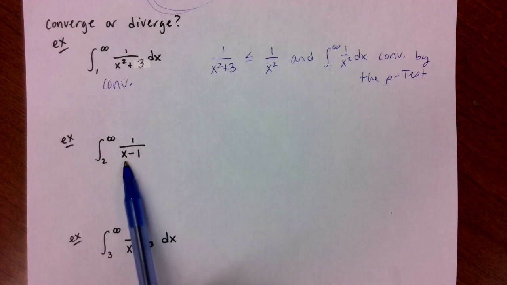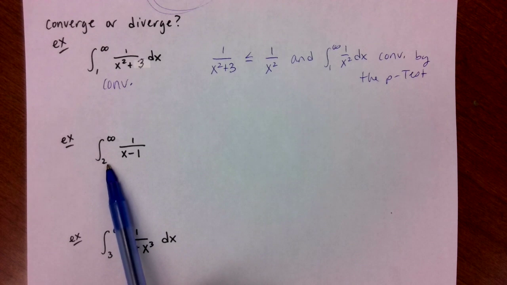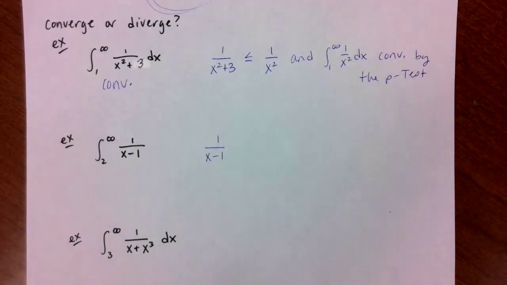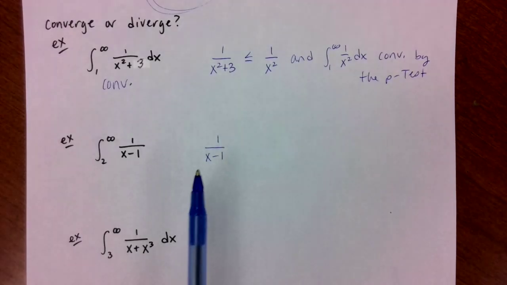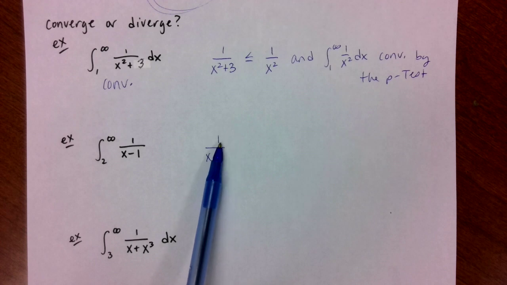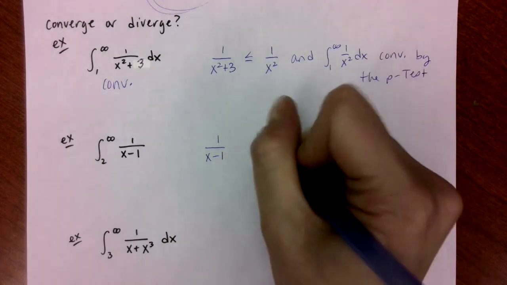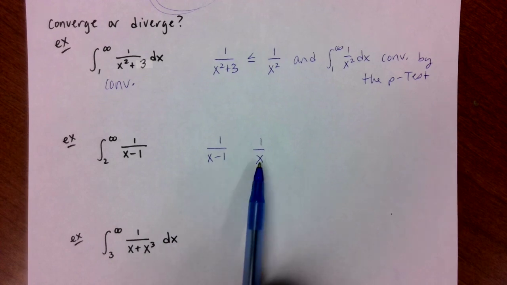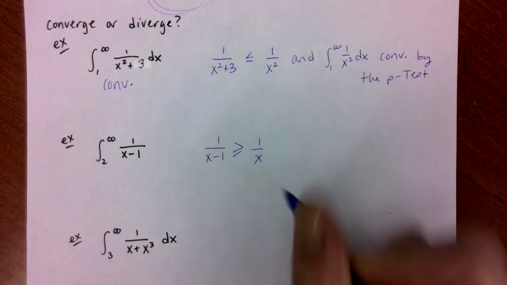1 over x minus 1. This isn't always positive, but for 2 to infinity it is, so we're still good. So we're going to take this formula 1 over x minus 1, and think essentially without the extras. If we ignore the minus 1 for a sec, this is really similar to 1 over x. So if I compare this to 1 over x, this has the bigger denominator, so it's the smaller fraction.